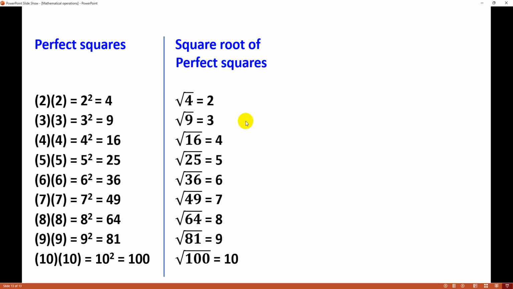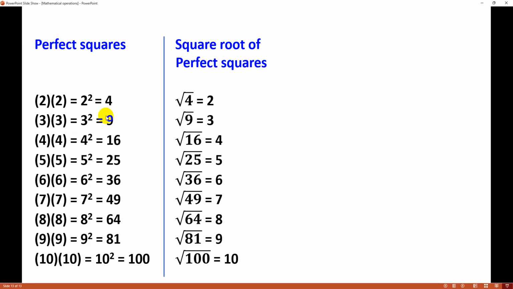Now, to finalize this, remember, there are numbers called perfect squares, which are the result of multiplying a number by itself. Like 2 times 2 is 2 to the power of 2 or 4. 3 times 3, 3 to the power of 2 or 9. 4 times 4, 4 to the power of 2 or 16, and so forth.